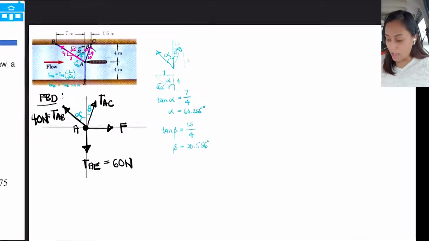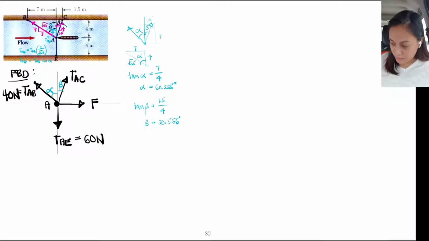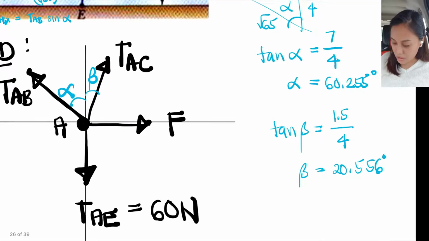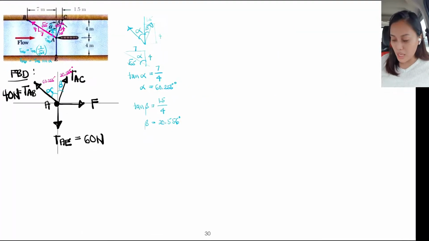So we put the angles in this free body diagram to complete it: 60.255 degrees and 20.556 degrees.